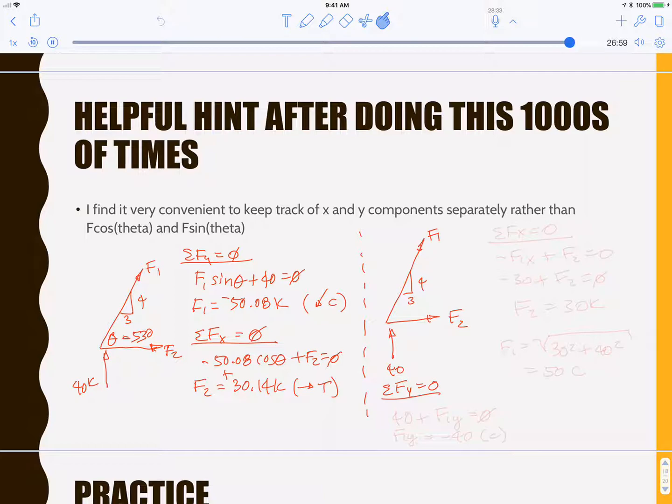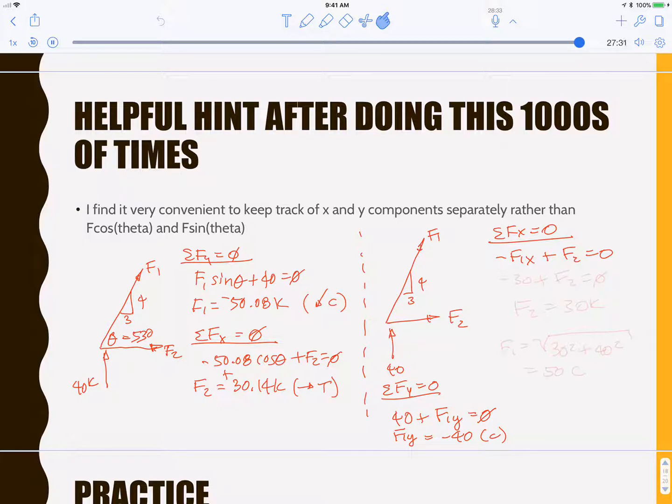And we're going to say 40 plus F1 Y component equals 0, which means F1 Y component is minus 40, or compression. Okay, then we do sum Fx equals 0, and now we have minus F1x because it's in compression and to the left, and the x component, plus F2 equals 0.